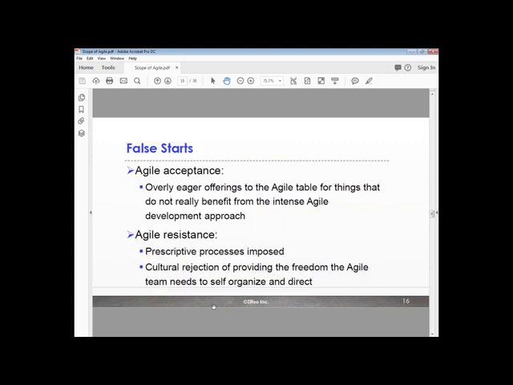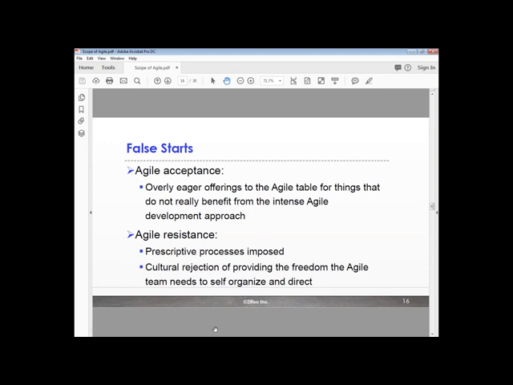We also see false starts. One of the false starts goes back to what I was saying a bit earlier about that buzzword-driven approach to things. It could be everybody else is doing it, everybody else is talking about their success, so we can be overly eager, thinking that any place that I'm having a problem, any place where I'm thinking it's not happening fast enough, and yeah, I want new releases too, that it's basically setting us up to force Agile where it doesn't fit.